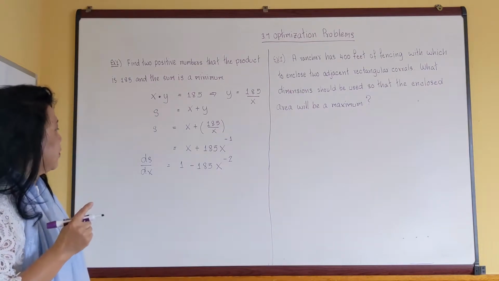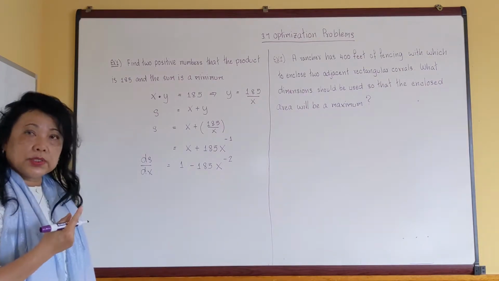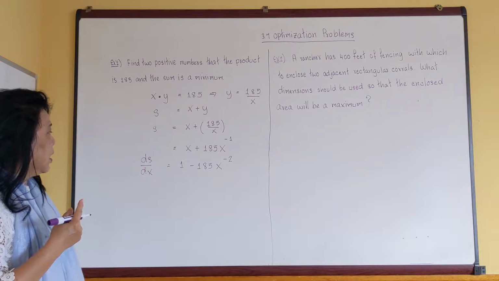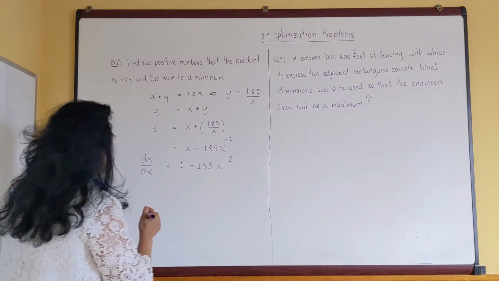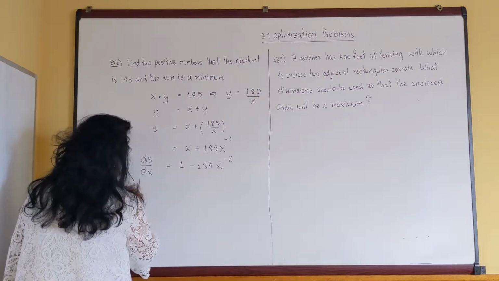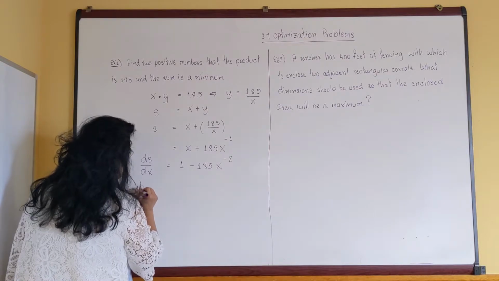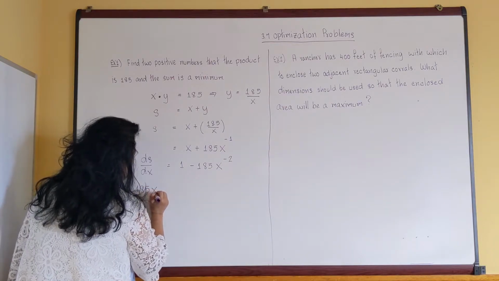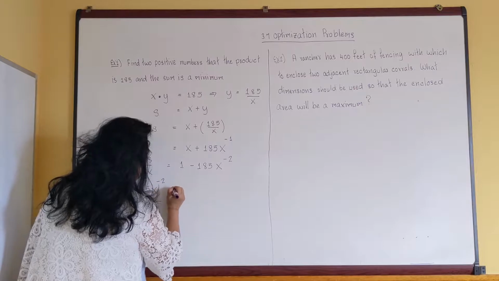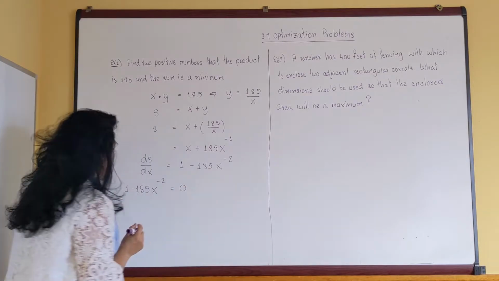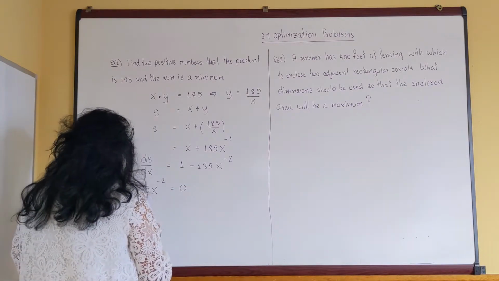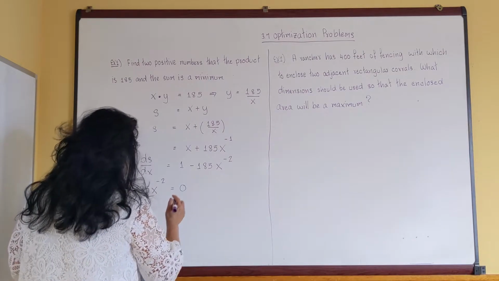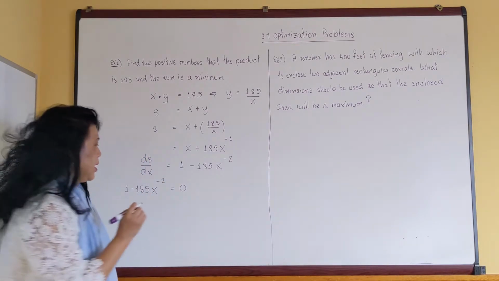Next step, we set this equal to 0 and solve for the critical number. So 1 minus 185 x to the negative 2 equals 0. I'm going to solve for x, skipping the algebra for now.